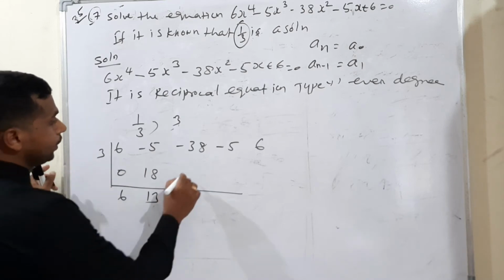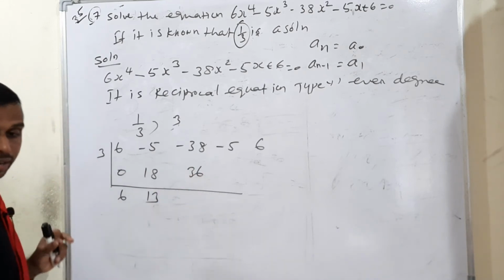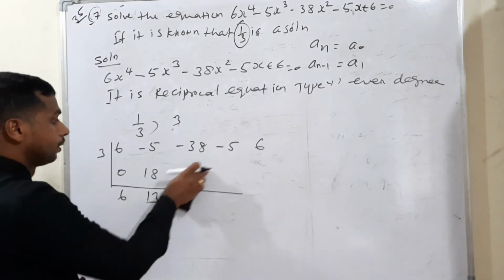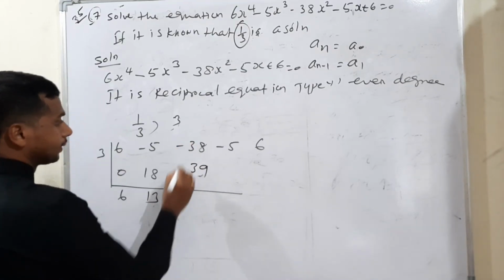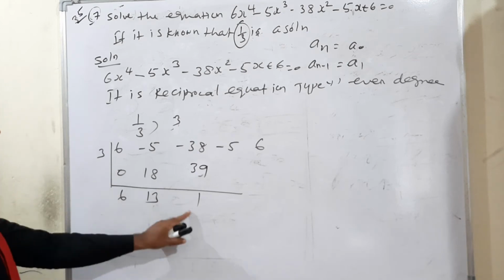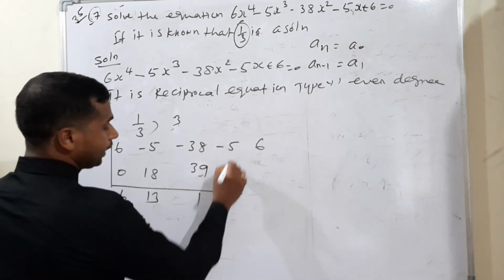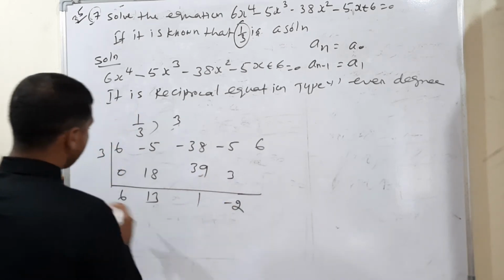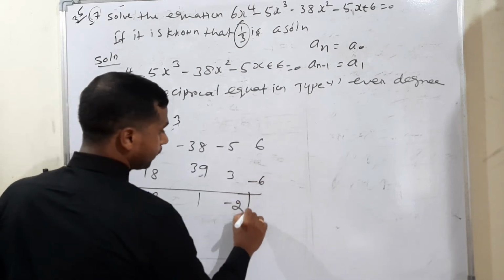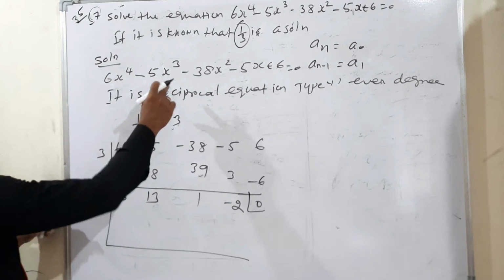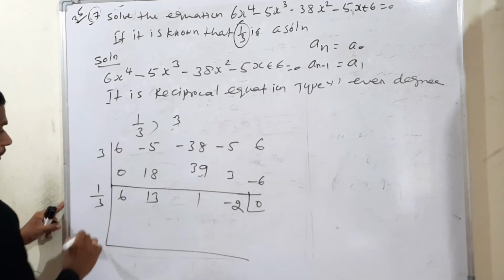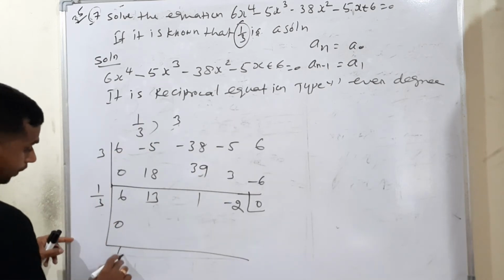So 3 into 13 is equal to definitely 39 will come, isn't it? Minus 38 plus 39 is equal to positive 1. 1 3s are 3. Minus 5 plus 3 is equal to minus 2. Again 3 into minus 2 means minus 6. So first one 0. Next condition, reciprocal means 1 by 3, isn't it? So 1 by 3 means again 0. 6 plus 0 means 6.